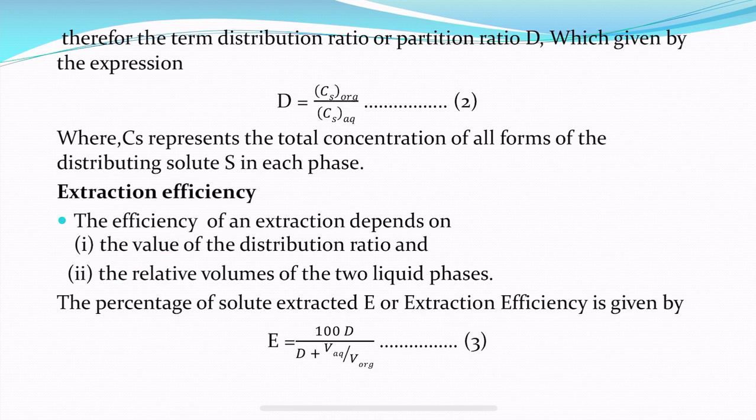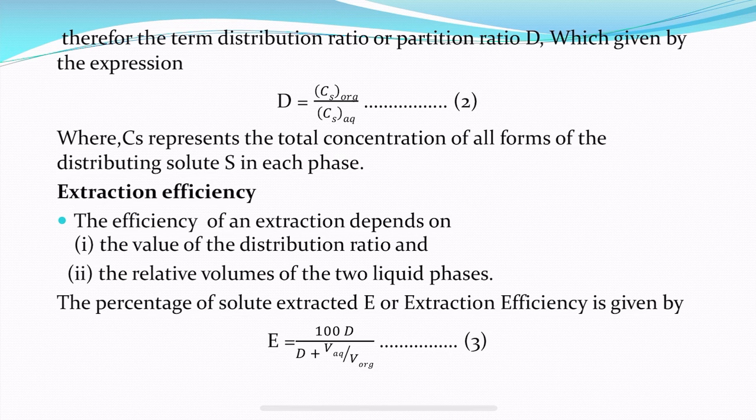Okay. So, the percentage of solute extracted, which is represented as E, or extraction efficiency, is given by this equation, where E is equal to 100 D divided by D plus V aqueous divided by V organic. Okay. What are V aqueous and V organic here? These two are the volumes of the aqueous and organic phases respectively.